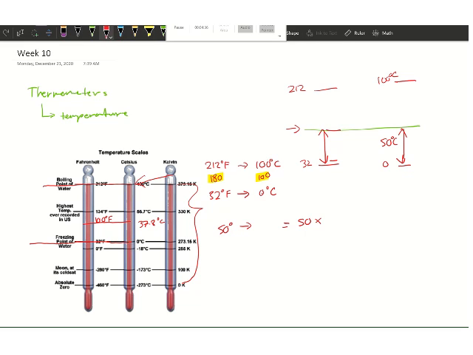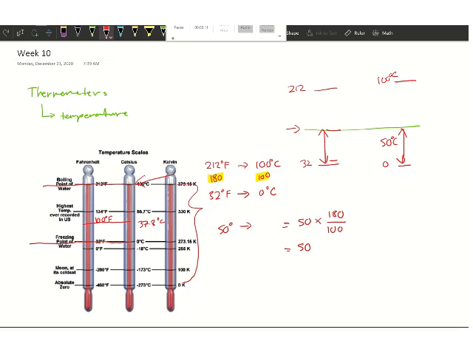Since this is currently in Celsius, we divide by the gap of Celsius, which is 100, and the gap of Fahrenheit, which is 180. This will only give us this value, so let's calculate it first. Let me simplify this, 180 divided by 100.